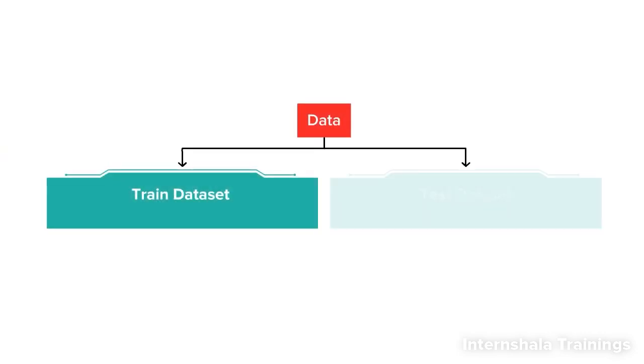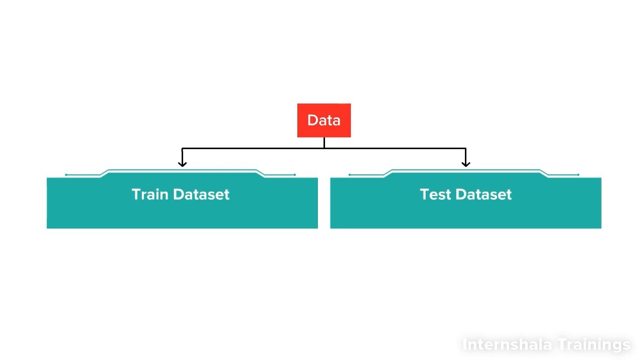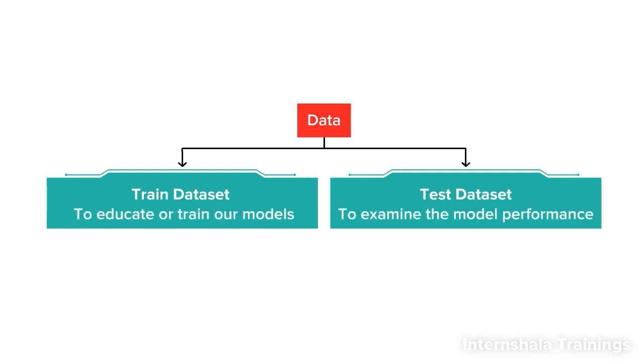Now, the next step is to split our data into train and test datasets, and it is a very important step, as this will create the foundation for building our model. In supervised machine learning, we educate or train our model using the train data and then examine the model performance using the test data.